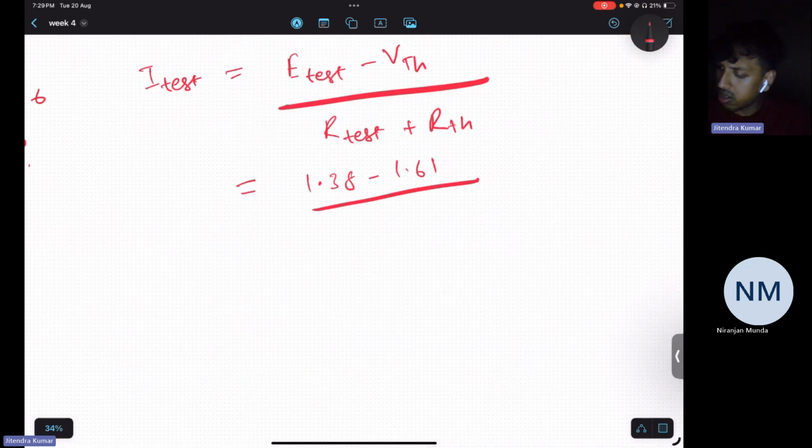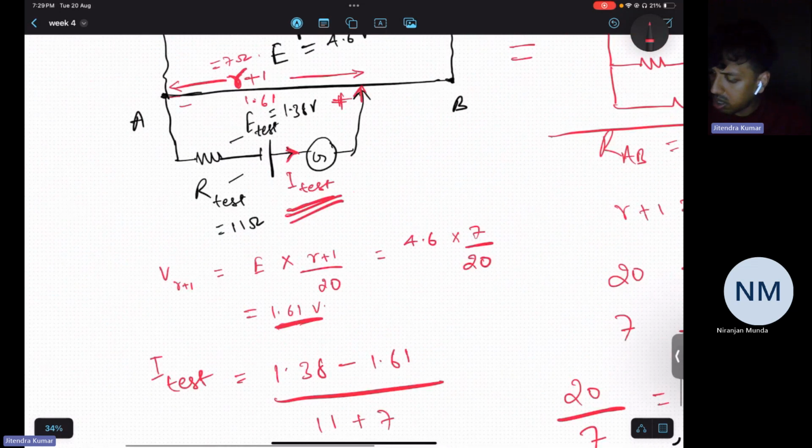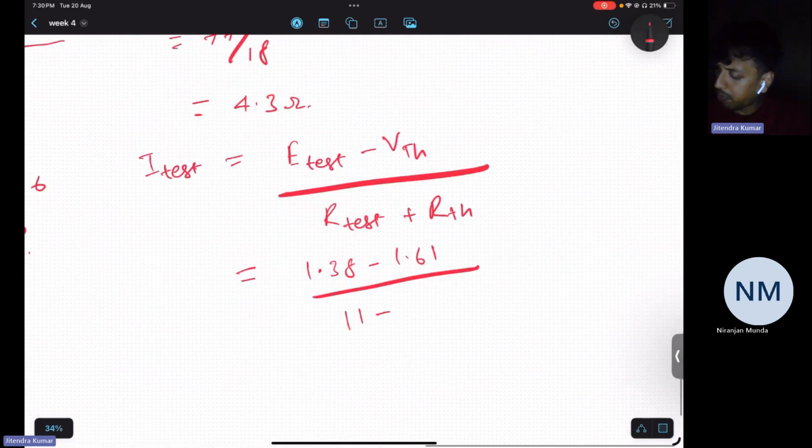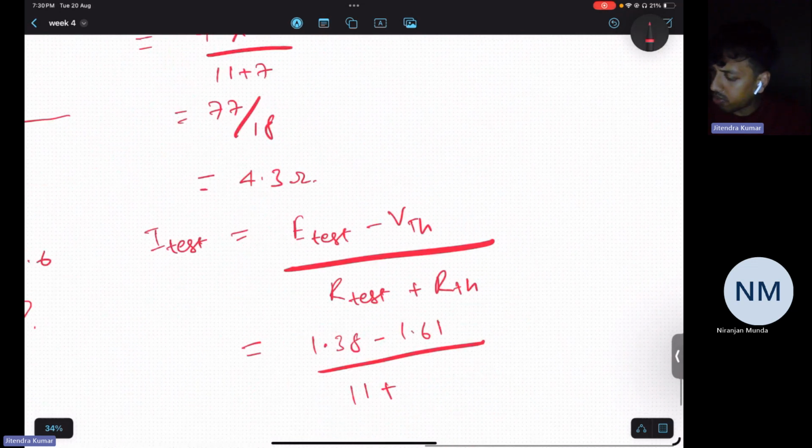R test is 11 and RTH is 4.3, so 11 plus 4.3.